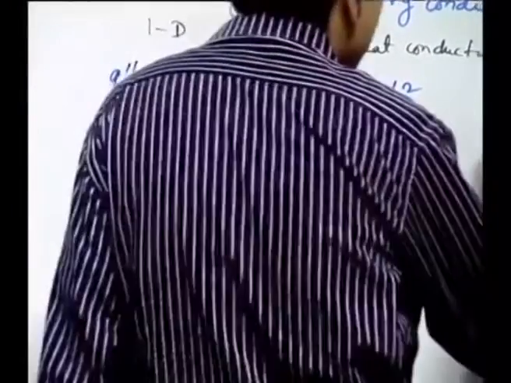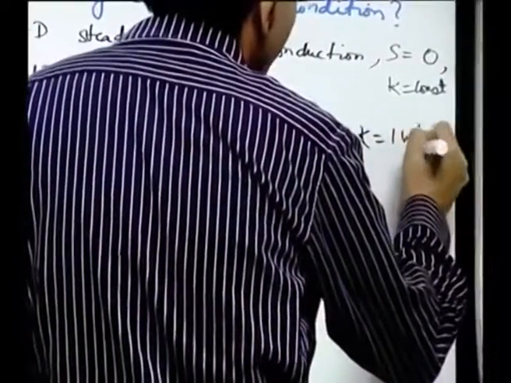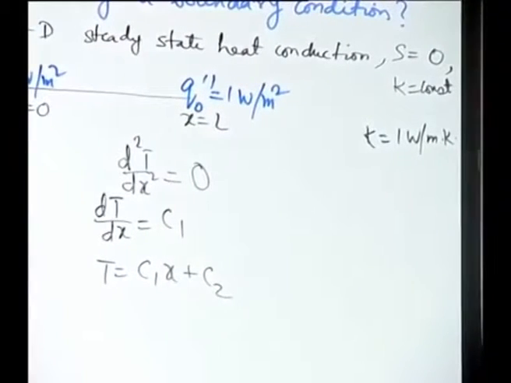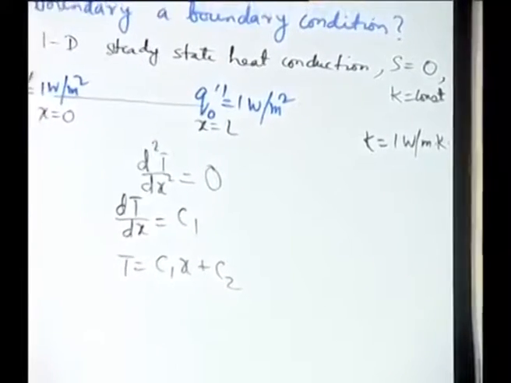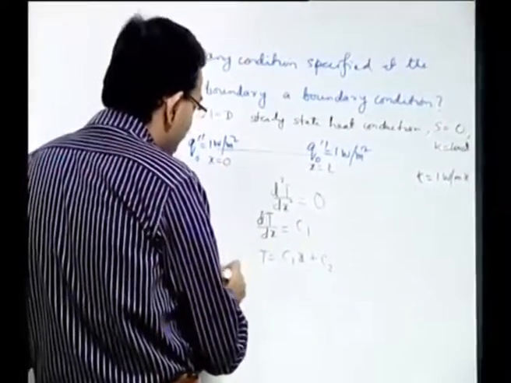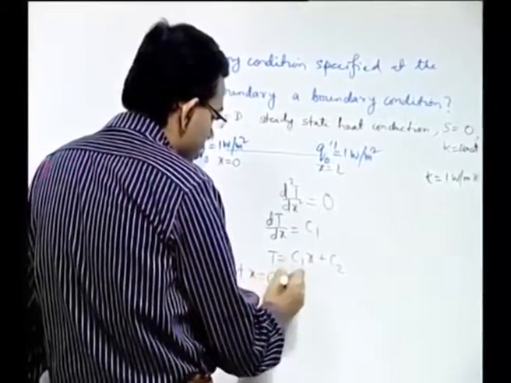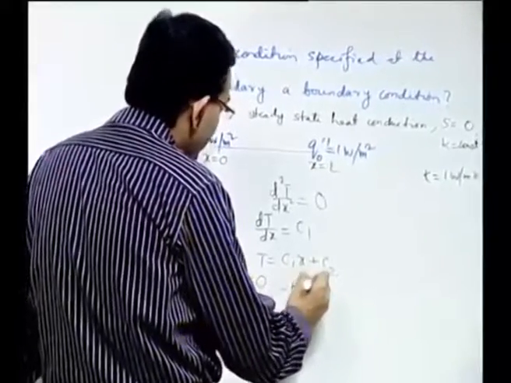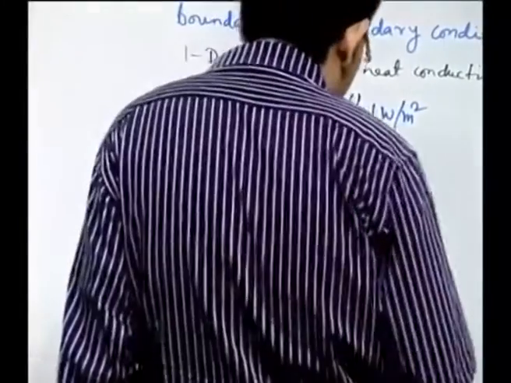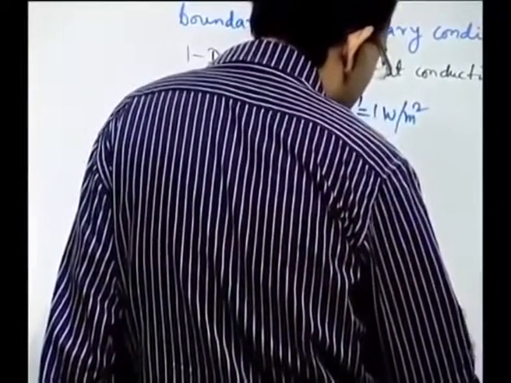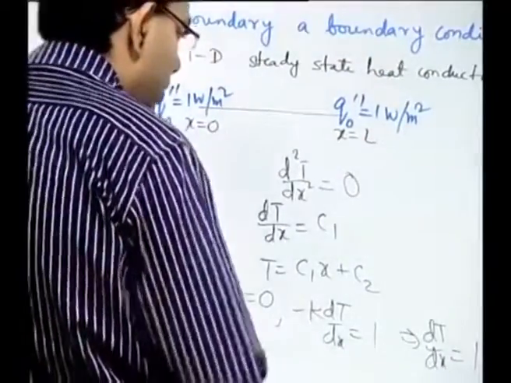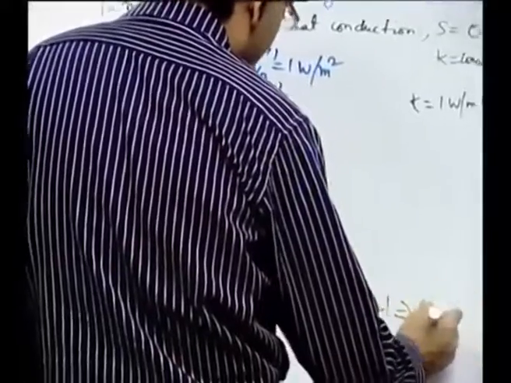Let us say that the thermal conductivity of the material is 1 watt per meter Kelvin, just for simplicity in numbers. So at x equal to 0 you have minus k dT/dx equal to 1. So that means dT/dx equal to minus 1, that means C1 equal to minus 1.